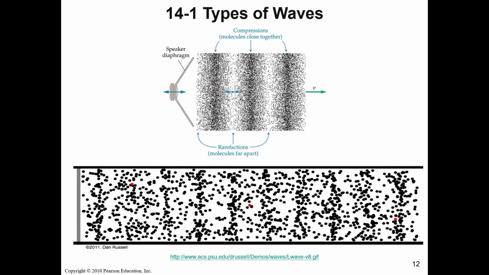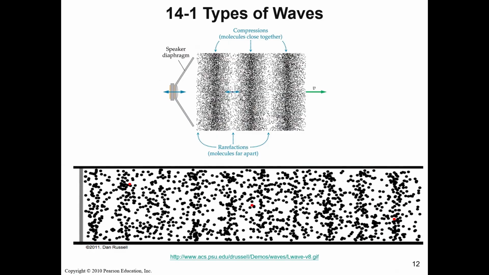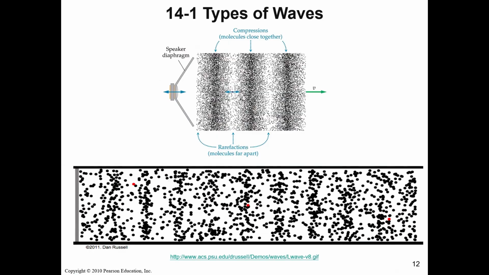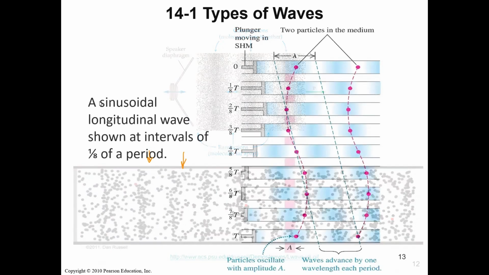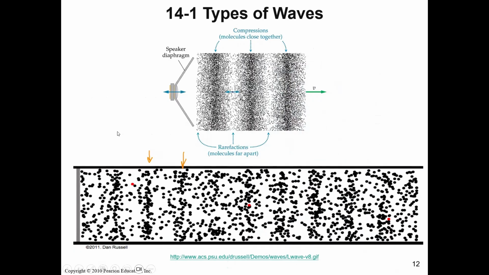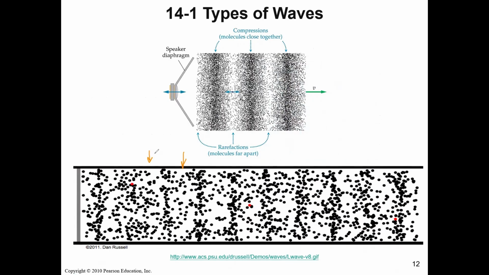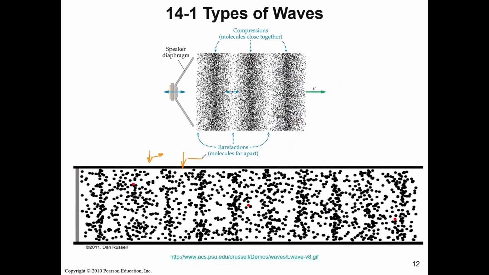And this is a more straightforward demonstration. We can track, first of all, those patterns, right? The patterns of the peaks move in time. But if you track single particles, the single particle only moves around its equilibrium position.